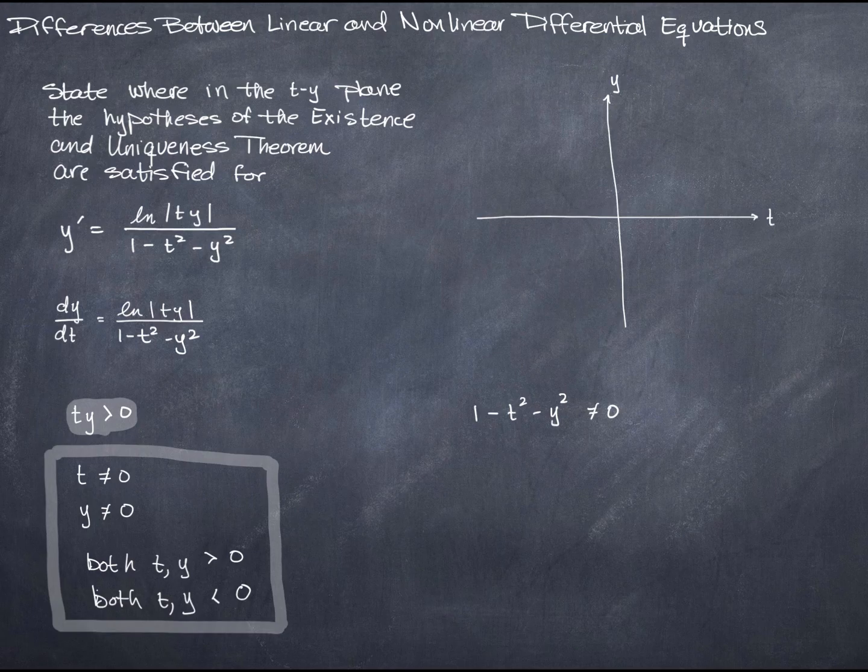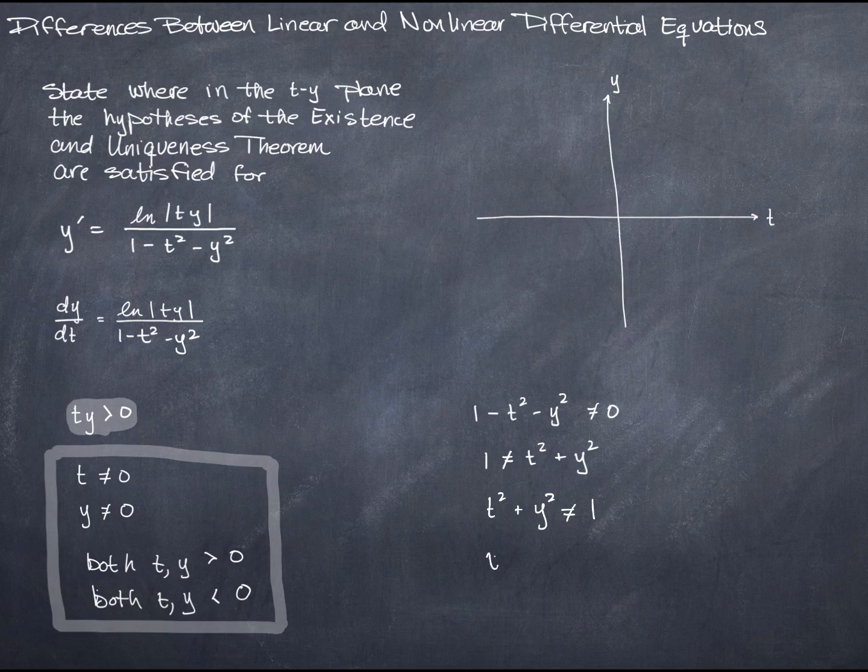Instead, I'm going to add t squared and y squared to both sides, and I get 1 equals t squared plus y squared. Now this is a denominator, so it actually has to be non-zero. So I'm going to remember to write my equality symbol as a not equal to. And then I'm going to switch sides, just to help you see what's going on here.